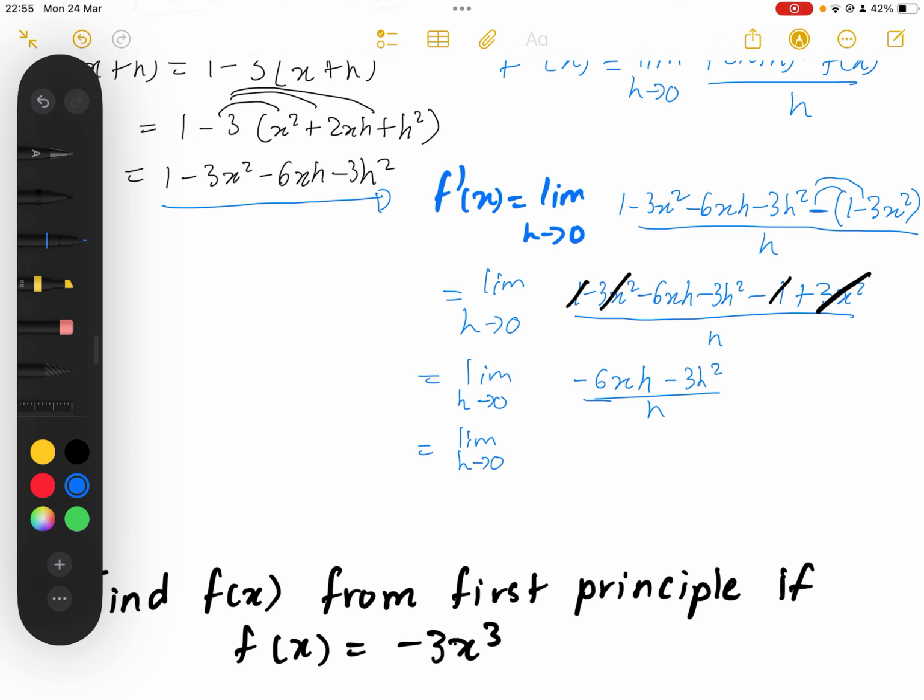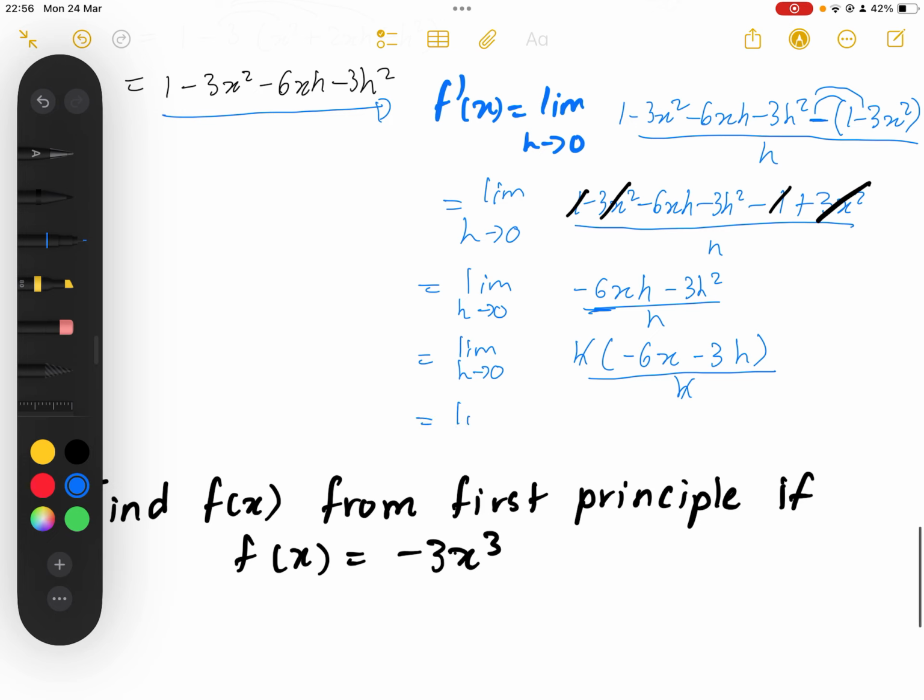Here we have common factors of h, so we can take out the common factor of h. I know there's a 3 too that you can take out, but you will see why there's no need to take out the 3. Just take out the h only, and you're left with negative 6x minus 3h, all over h, and these will cancel each other.